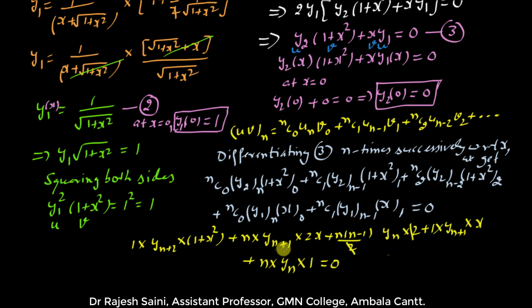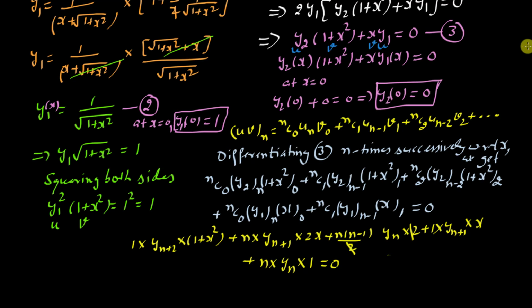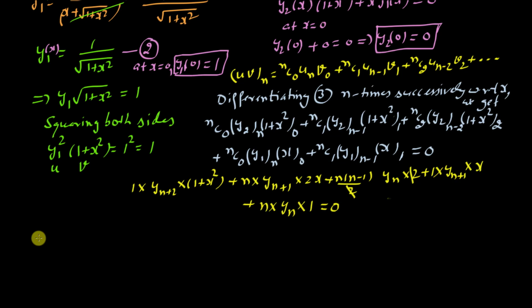Fine. So now collect the terms y(n+1) and y(n+1), yn and this yn. Okay. So what we'll get, I'm going to write it over here. This will be y(n+2) into 1 plus x square, plus this y(n+1) will be common, so x y(n+1) will be common.